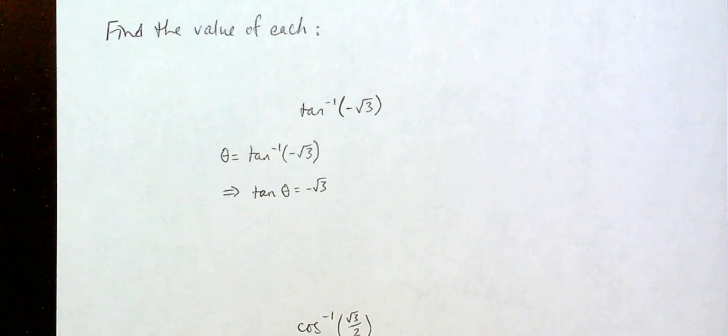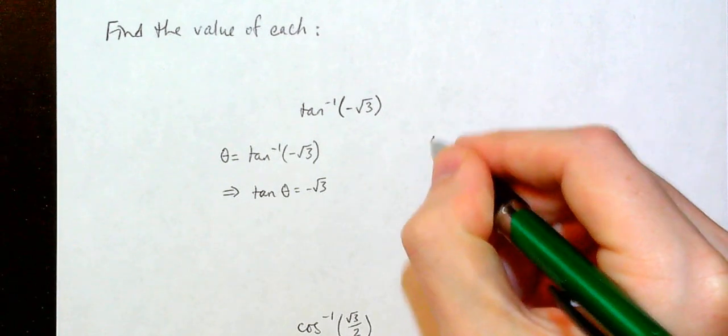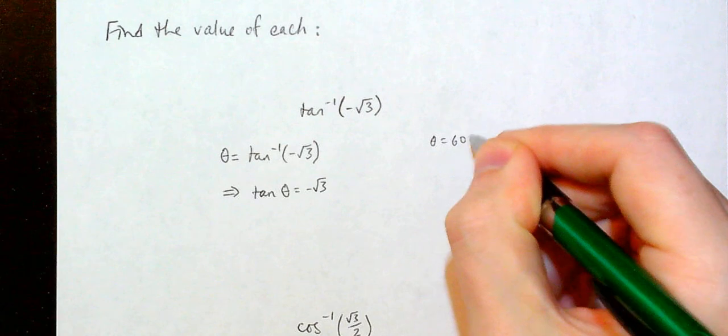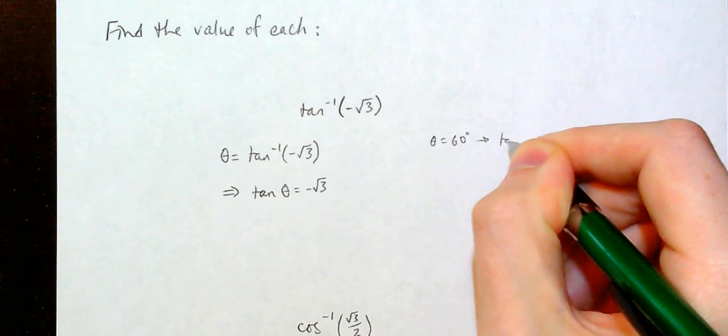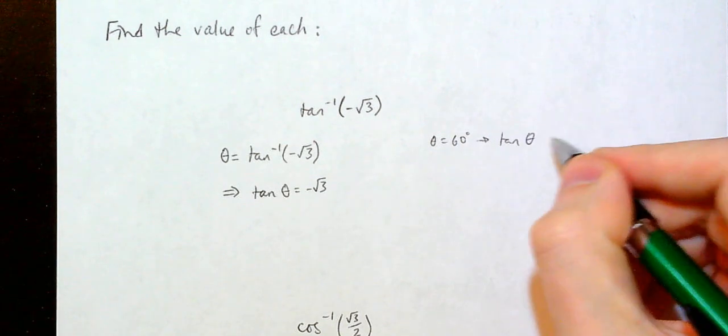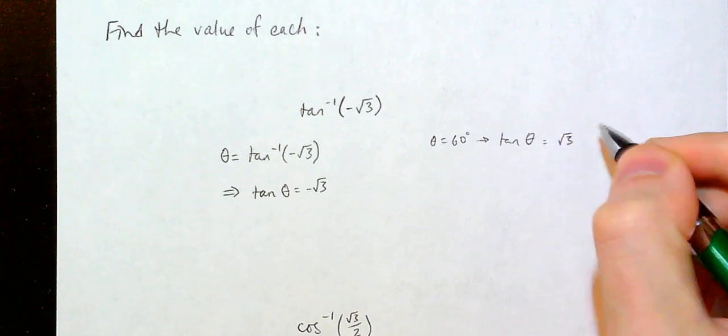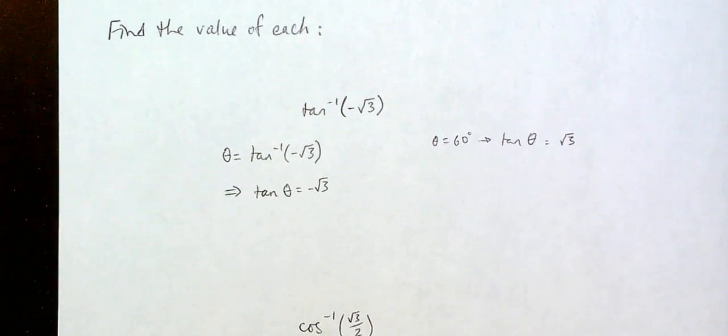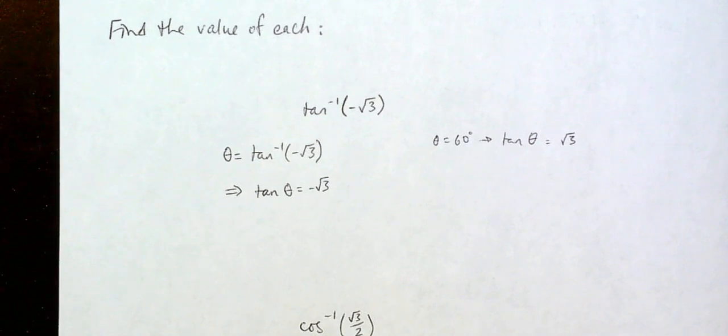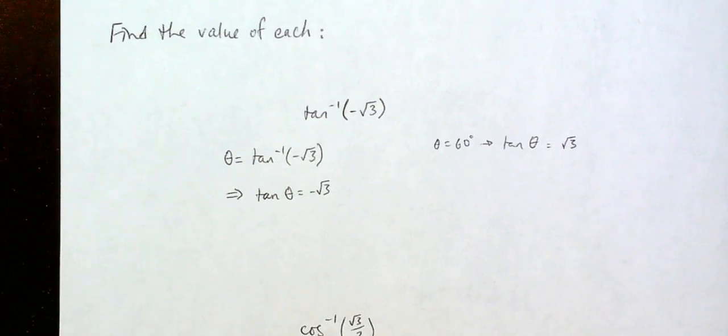And we know that when theta is equal to 60, that the tangent of theta is equal to the positive square root of 3. So that's almost what we want, but we want minus the square root of 3.